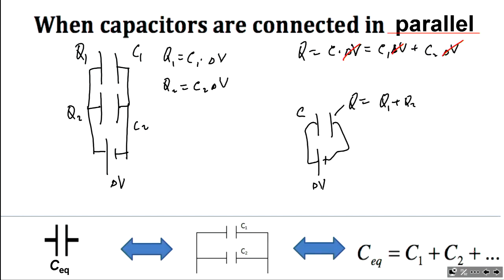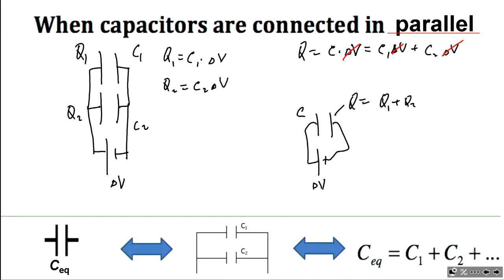And it's easily understandable if we look at this model. By adding capacitors in parallel, we're basically adding more area, and the expression for capacitance equals constant times area over distance.